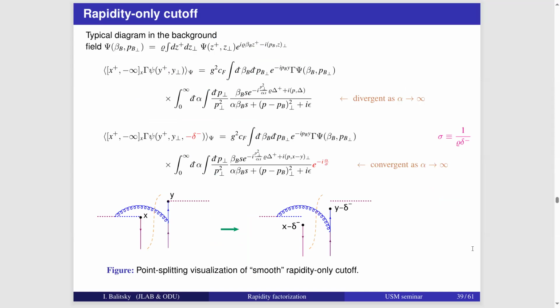This is the typical diagram for TMD. Here is the Wilson line, the gauge length going to minus infinity. If you write down the very first diagram for this, you will see that it is divergent.